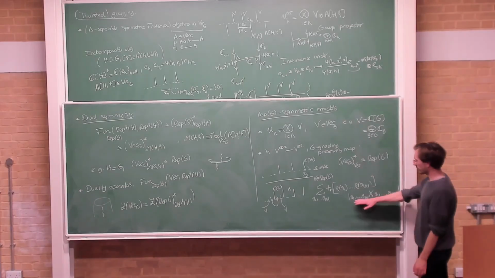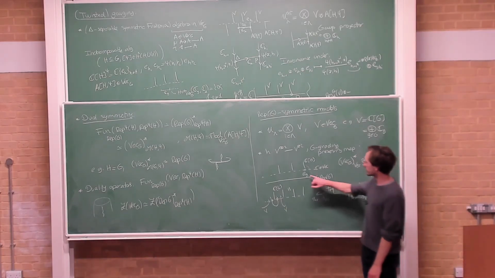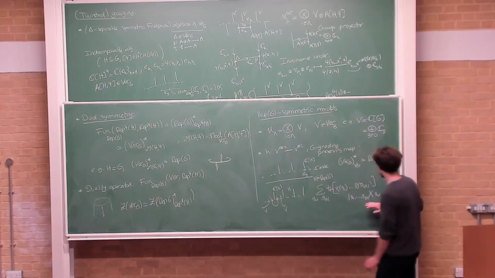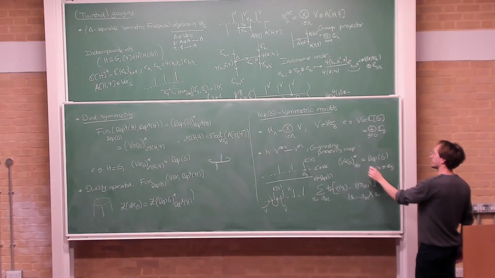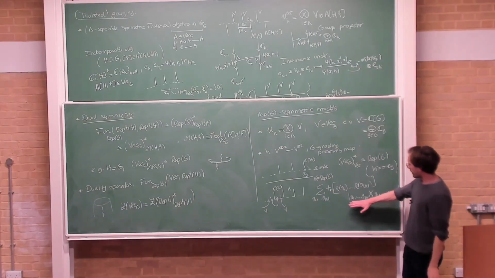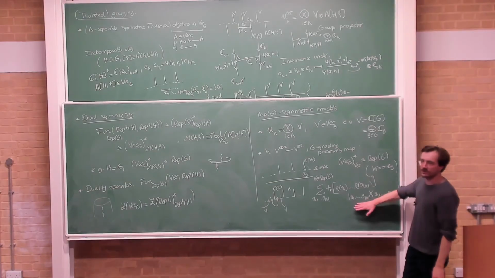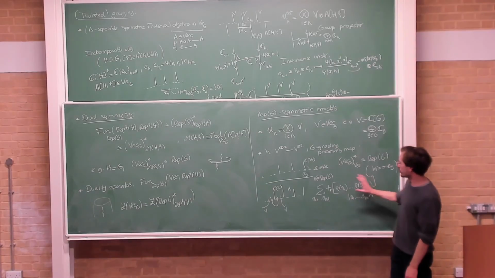It's an operator that acts diagonally. My degrees of freedom here are labeled by group elements. So it acts diagonally; it does not transform these degrees of freedom, but multiplies by a prefactor.